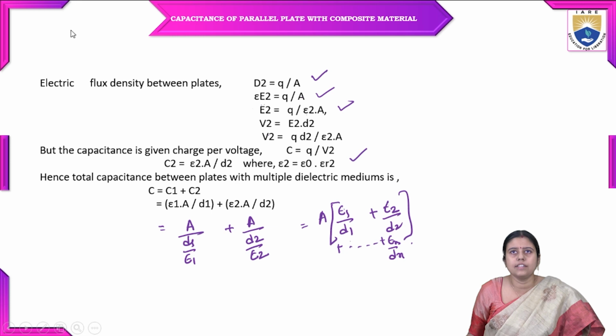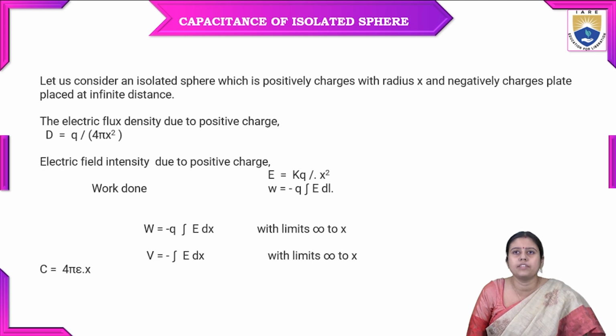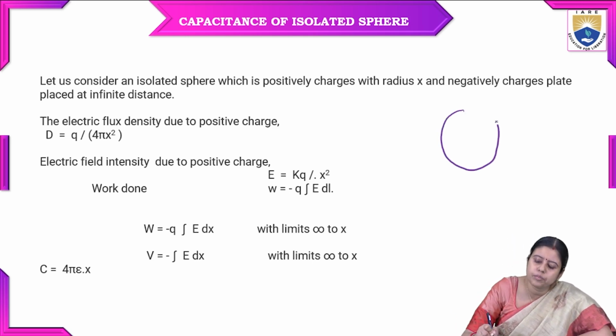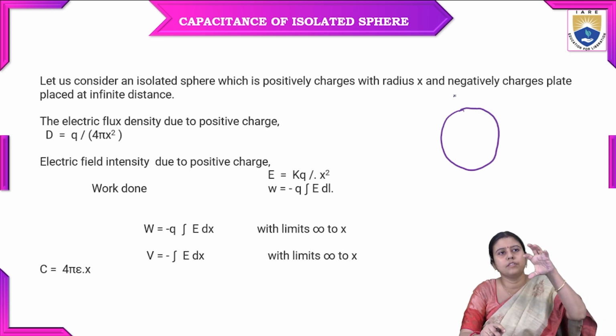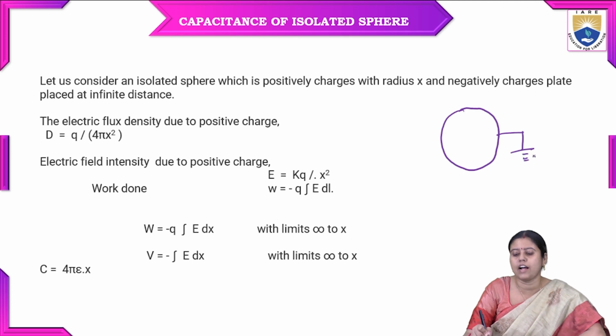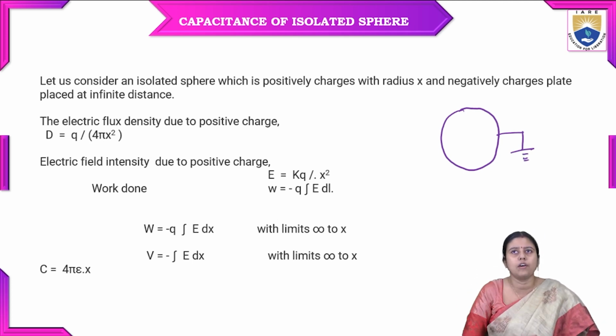Now we will discuss the capacitance of an isolated sphere. Isolated sphere means we have only one sphere, and the sphere is grounded. There is only one sphere and it is grounded.